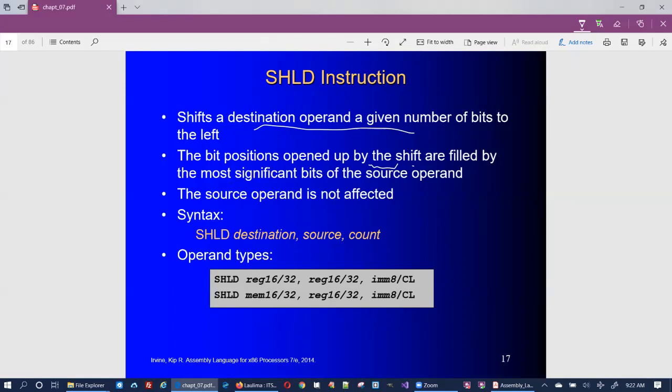We're going left, so the bits that open up at the bottom are filled with the higher bits of the source operand. So these all get shifted left, and the ones that open up are filled in from here. The source operand is not affected, and this is the number to do it.